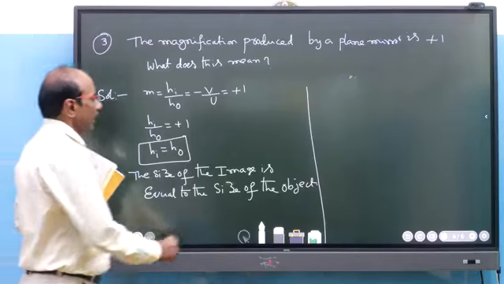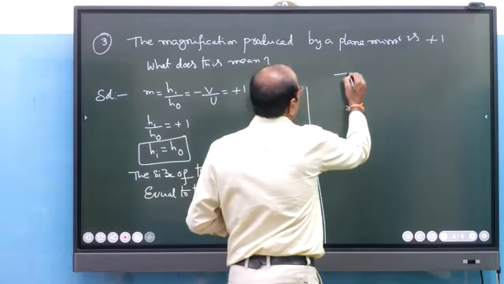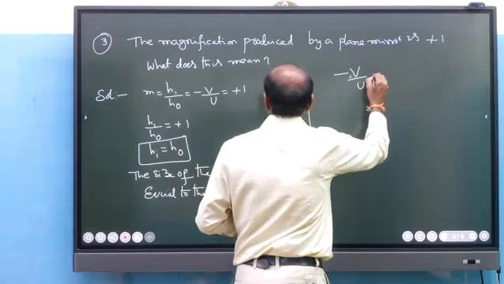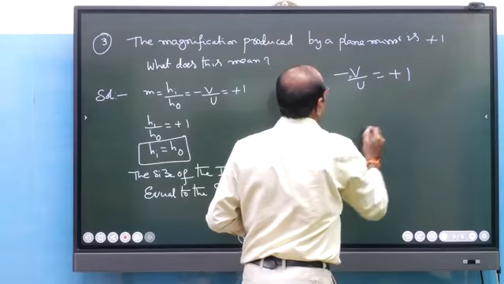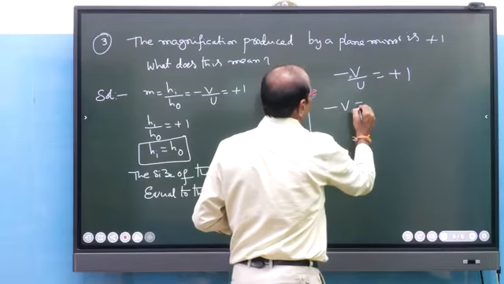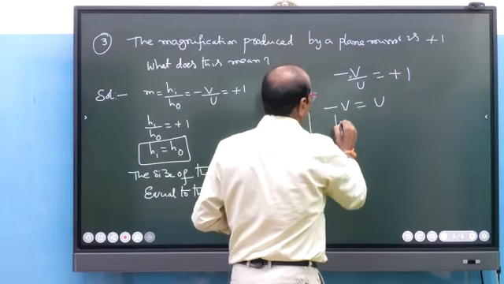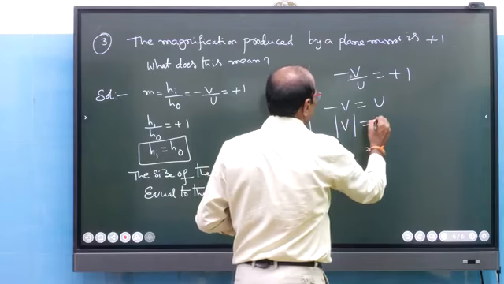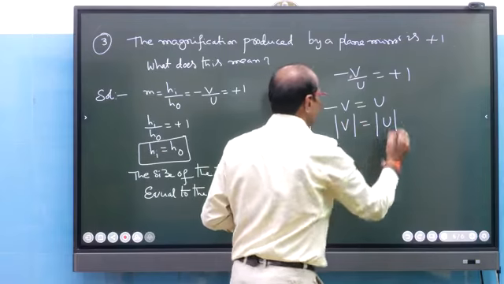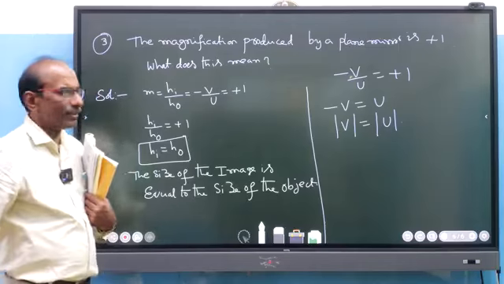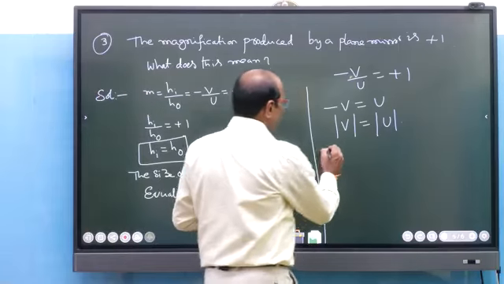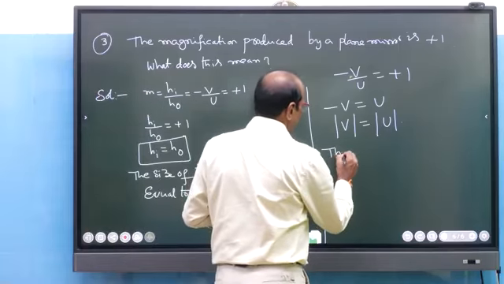Next, another one: minus v by u equals plus 1. That means minus v equals u. So modulus of v equals modulus of u. What does this indicate?